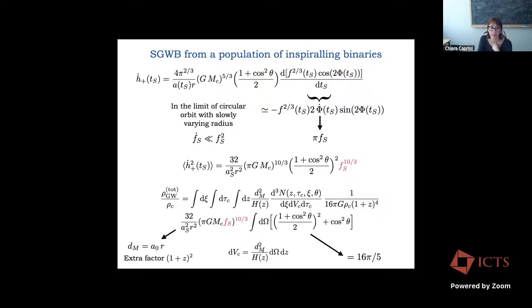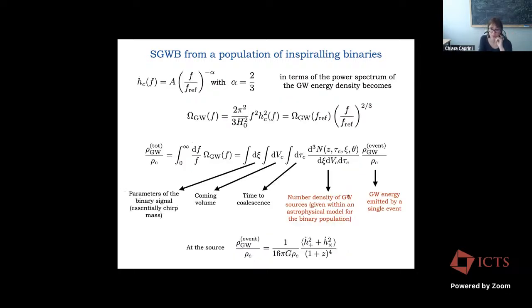the same, and then here I get the metric distance, okay, that gets simplified with this factor here, but mind that this is the scale factor at the source. Instead, the metric distance is the scale factor for us at the observer, so there is an extra factor of 1 plus z squared that comes about here, but this is not fundamental, okay? There is all this that comes from here.